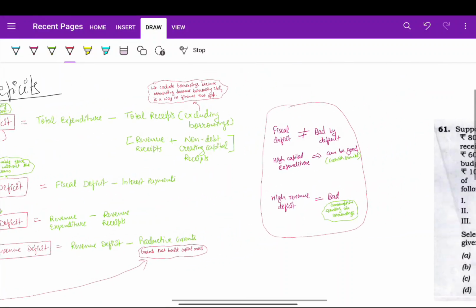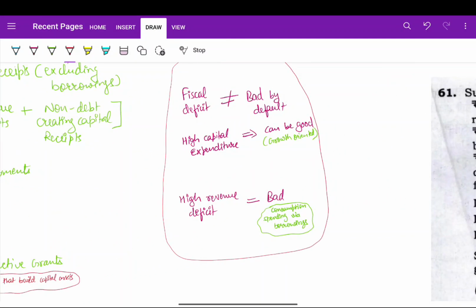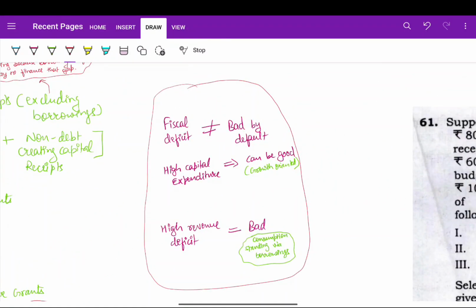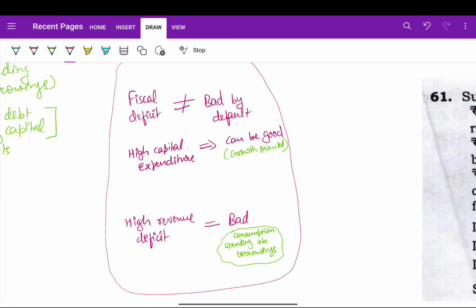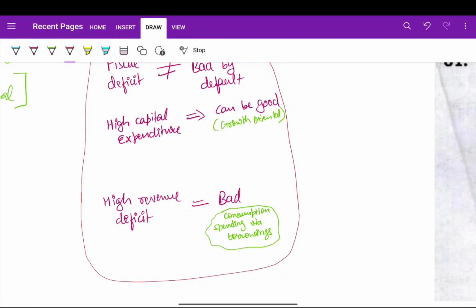Now, fiscal deficit by itself is not bad by default, but high capital expenditure can be good. That just says that the government is spending more on creating capital assets, and so it is growth oriented. High revenue deficit is bad.